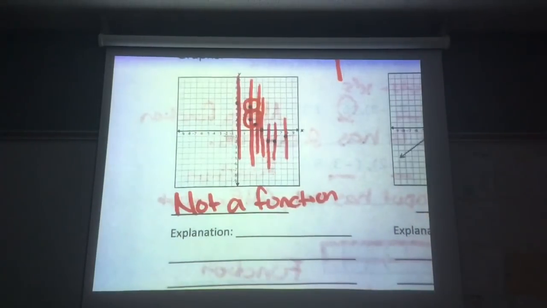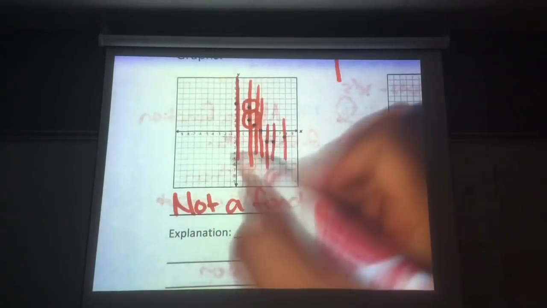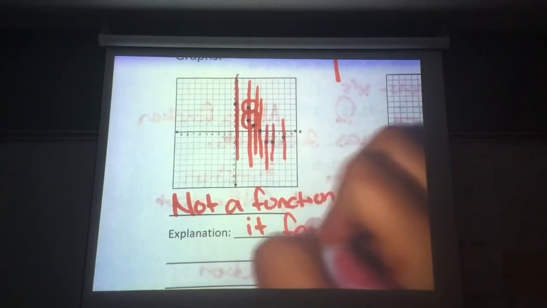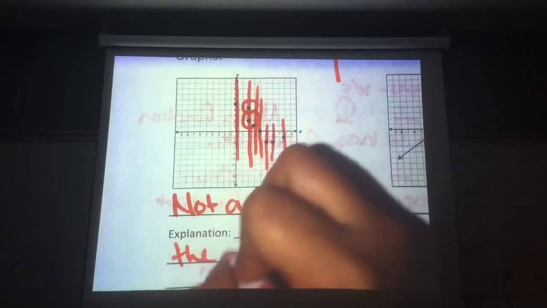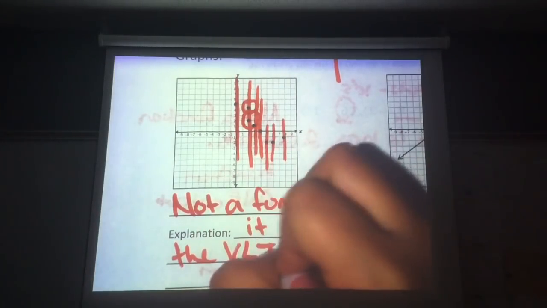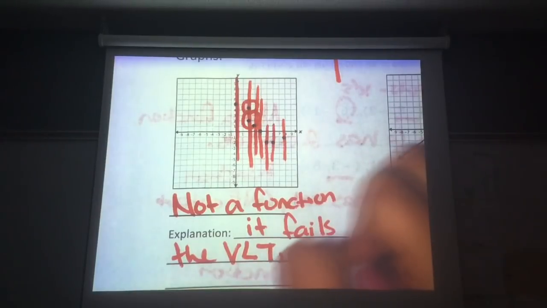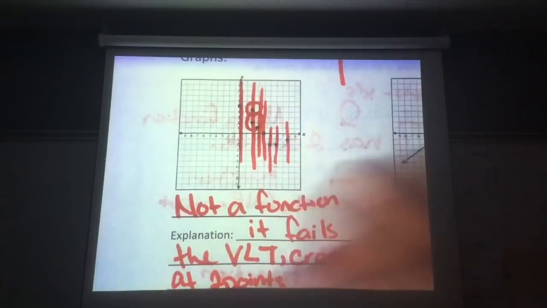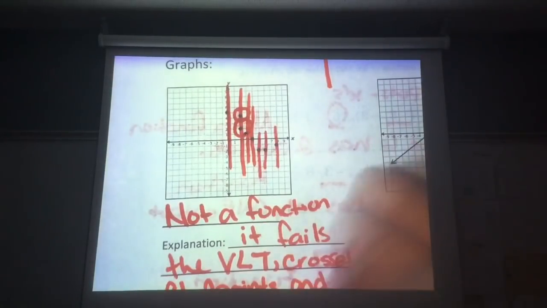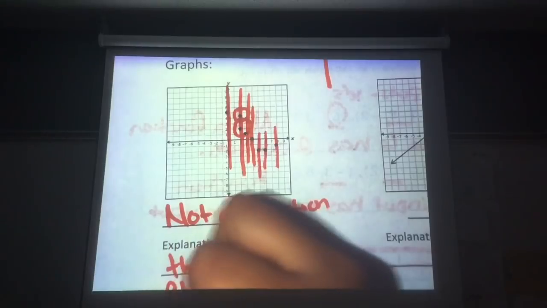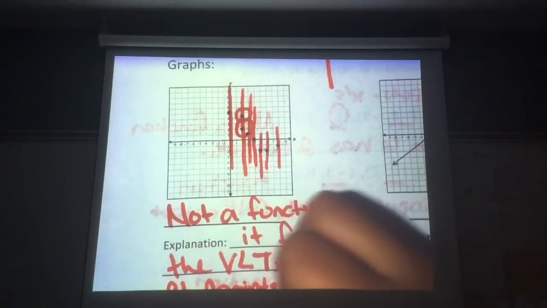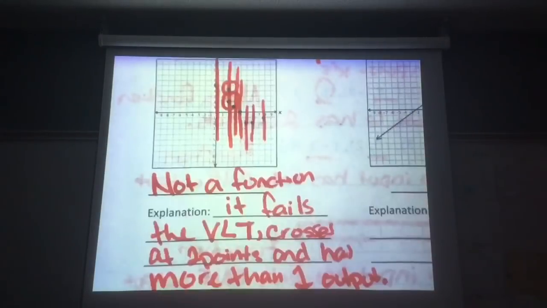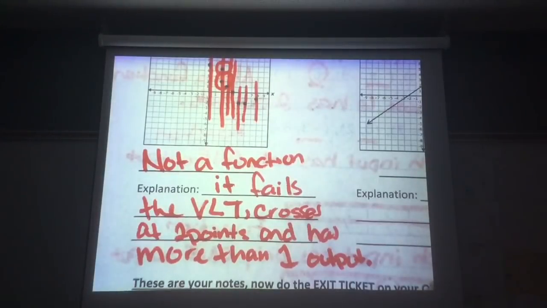And since it's not a function, my explanation would be that it fails the vertical line test. It crosses at 2 points and has more than one output. So the fact that it crosses at more than 1 point tells me that it has more than one output.